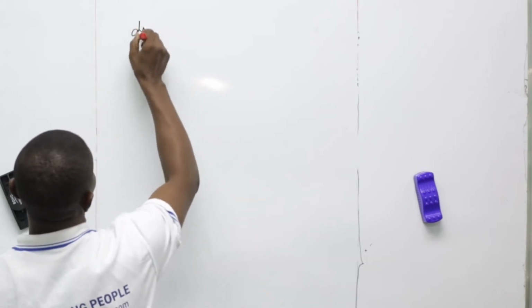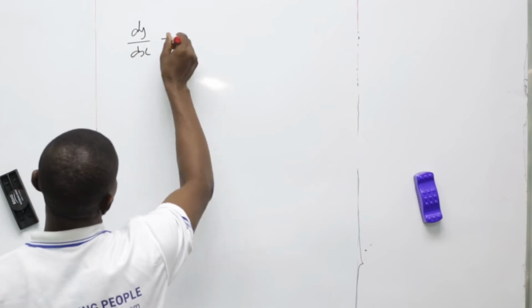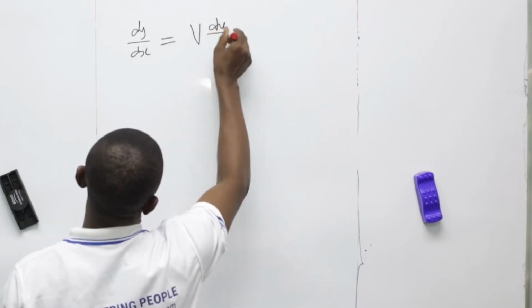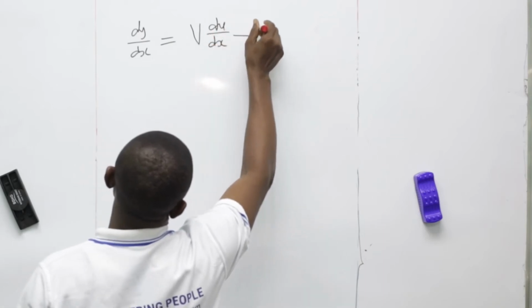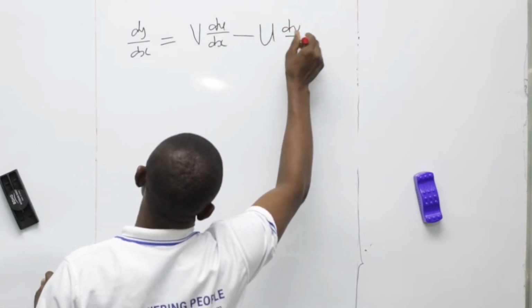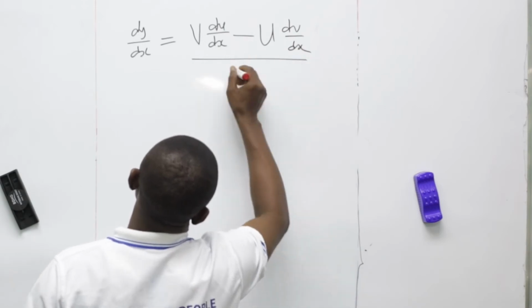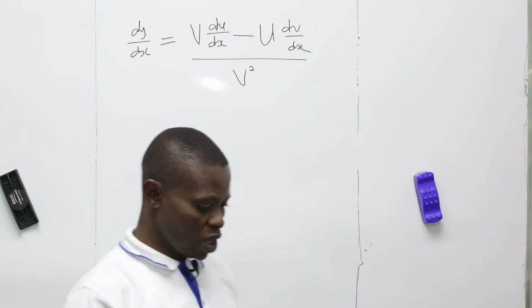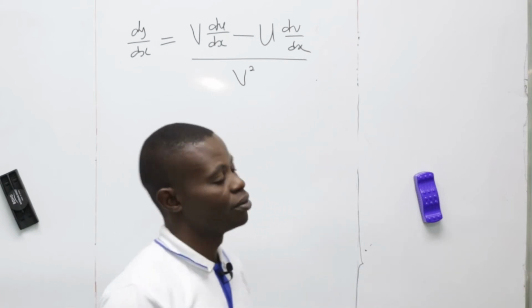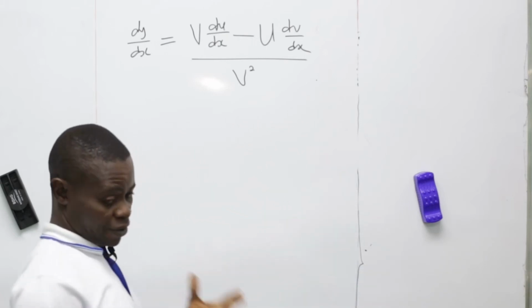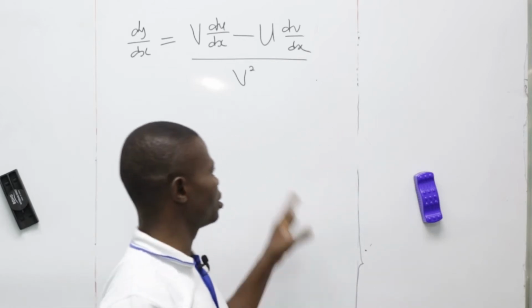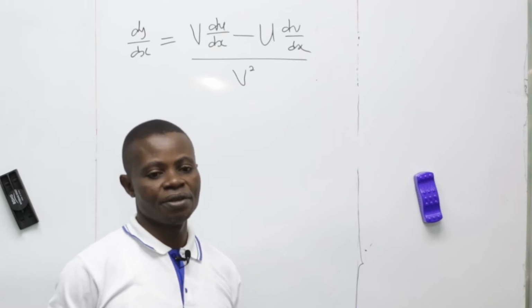dy/dx equals (v du/dx minus u dv/dx) all over v squared. But remember that the first one is our u, while the second one in product rule is our v.